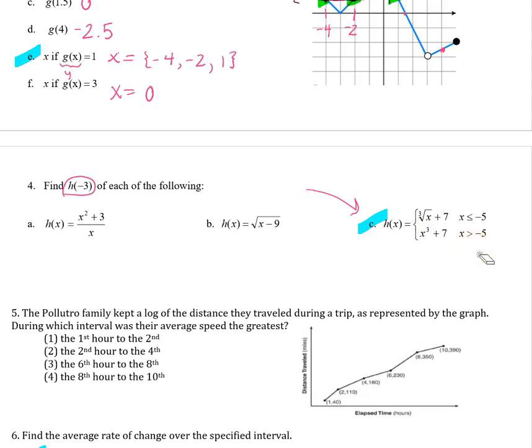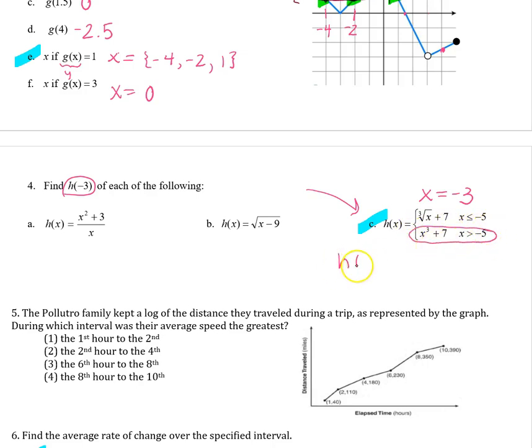So if I'm evaluating it at x equals negative 3, you have to decide where does negative 3 fall. In x is less than or equal to negative 5, or x is greater than or equal to negative 5. Well, negative 3 is greater than negative 5, so I'm going to be plugging it into the second function.